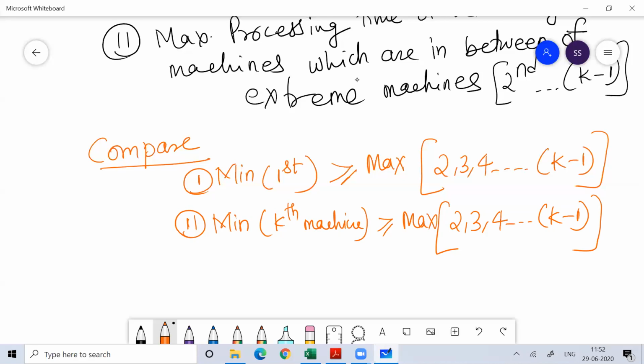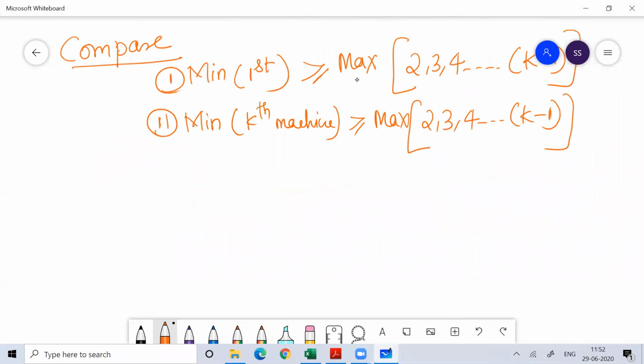Now a lot of machines are there in between. It doesn't matter: whatever machines are between the first and last machine, you'll see the maximum processing time of those machines, and compare it with the minimum processing time of the first and last machine.